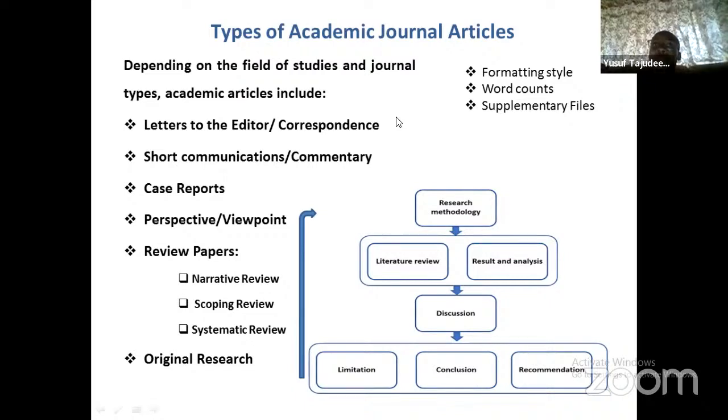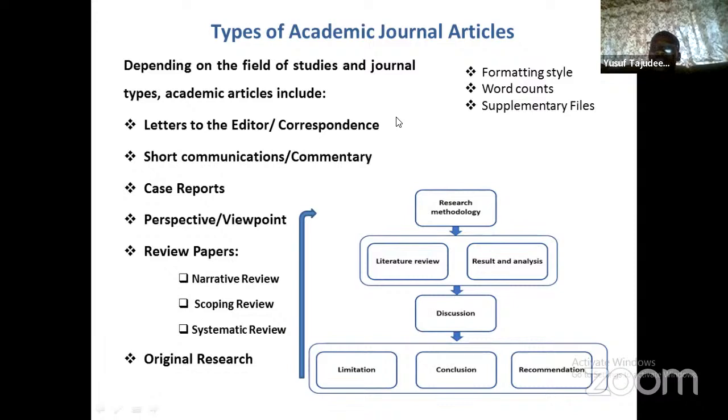For instance, monkeypox epidemics in non-endemic countries is what everybody knows. So it's a current topic and it's trending. If you have anything to add, if you have any opinion or view about what is happening, you can just write it to an editor.